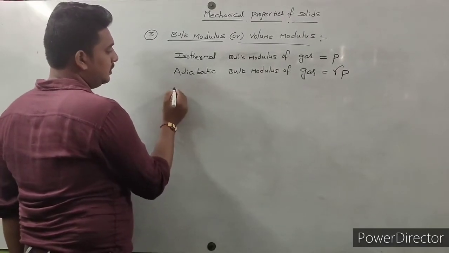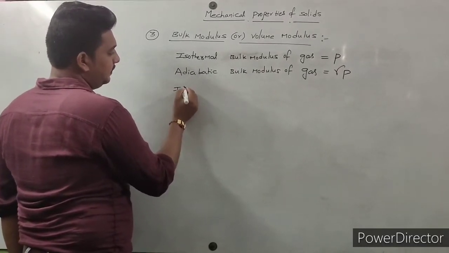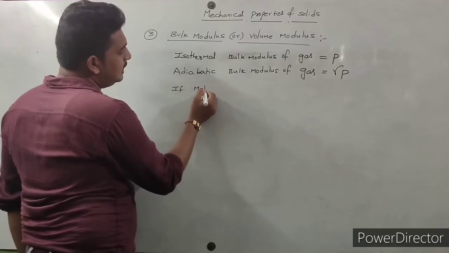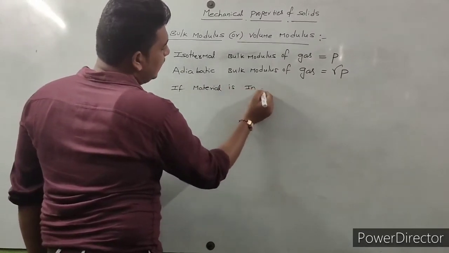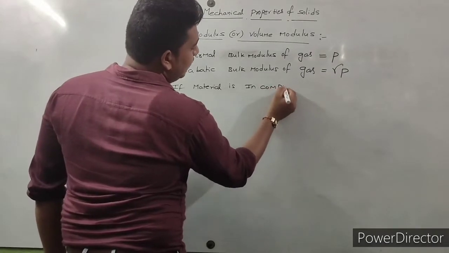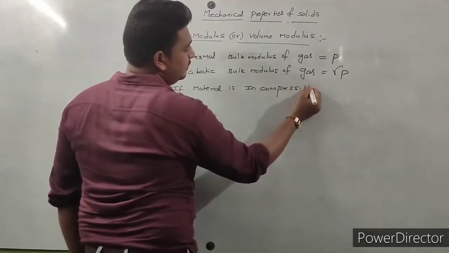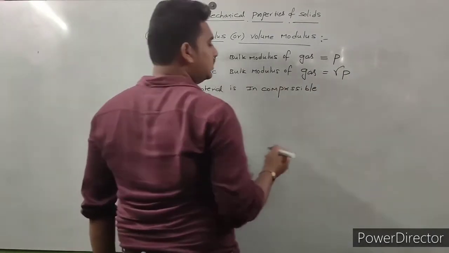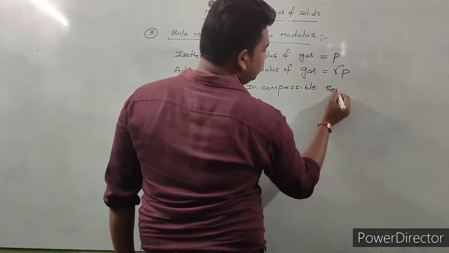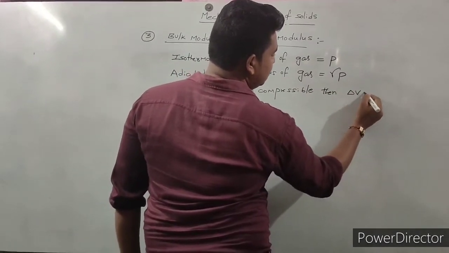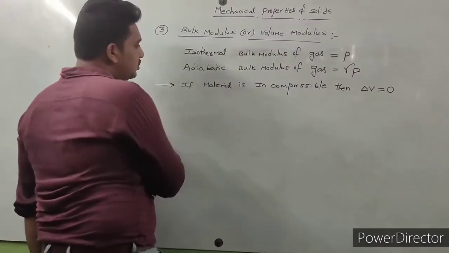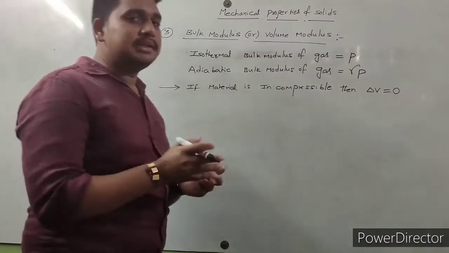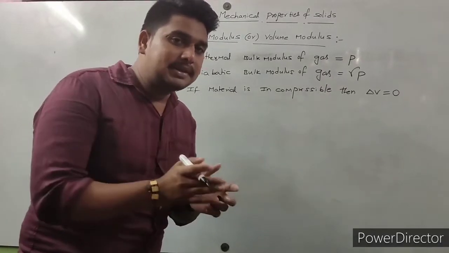Next, if the material is incompressible, then delta V is equal to 0, because incompressible means it does not compress.